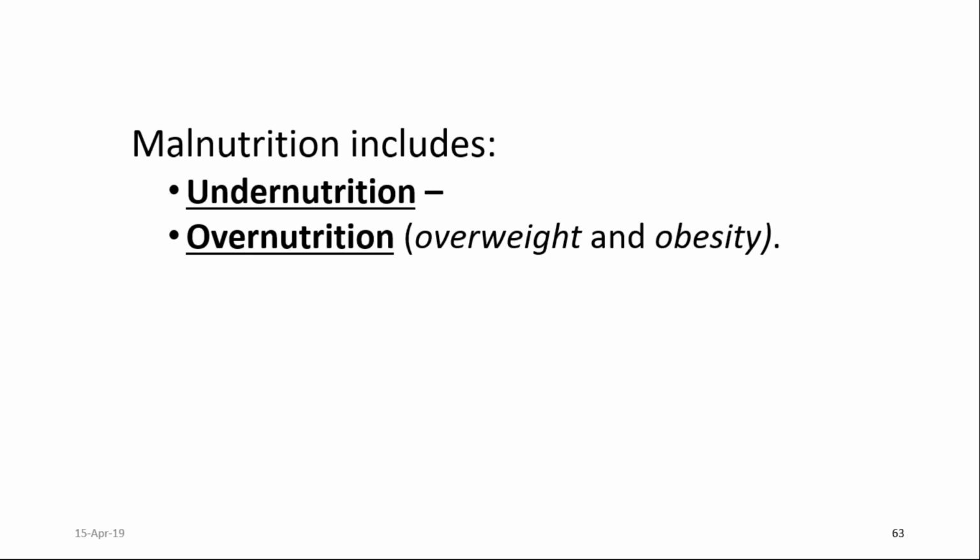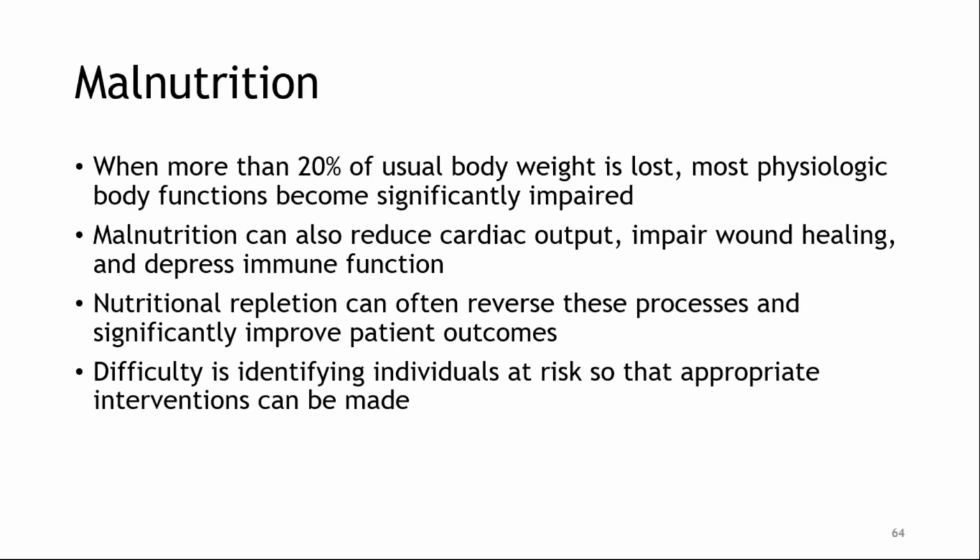So if you look at nutrition, which is taken in as macronutrients, the deficiencies of the macronutrients can be defined in two ways: undernutrition and overnutrition. Overnutrition is also considered malnutrition. Overnutrition is when you are overweight or obese. So what is malnutrition?